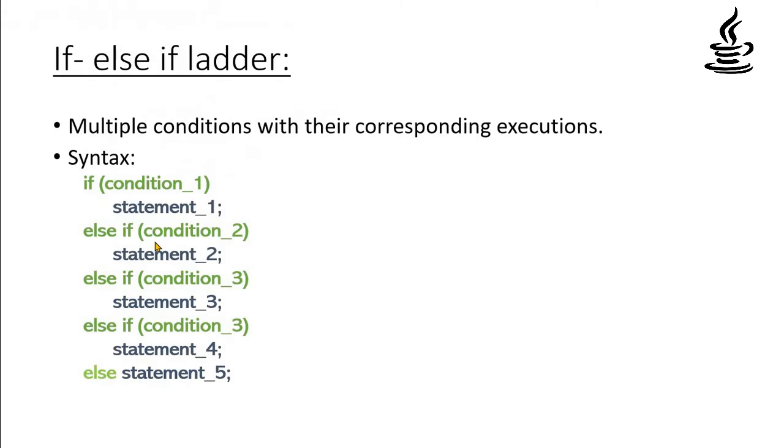Now the next topic we have to cover is the if-else-if ladder. When we have multiple conditions, each with their corresponding statement, we can design our program using the if-else-if ladder. Let's say we have different conditions like condition 1, condition 2, condition 3, condition 4, each with their respective statement: statement 1, statement 2, statement 3 and statement 4.